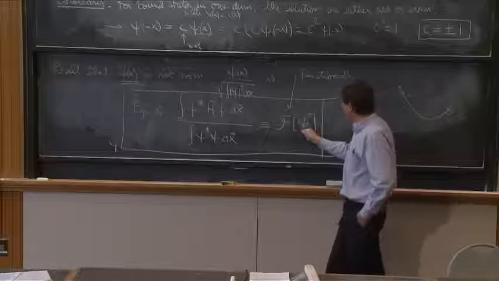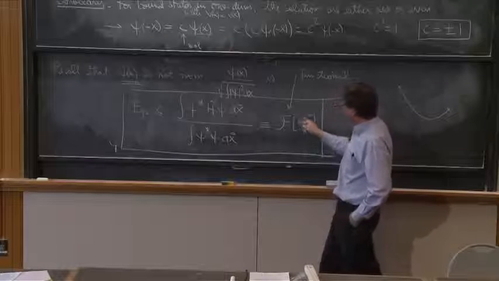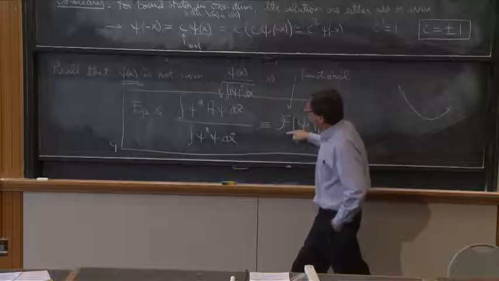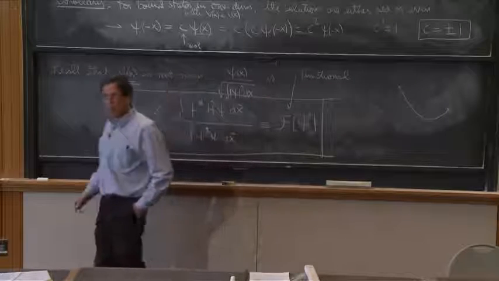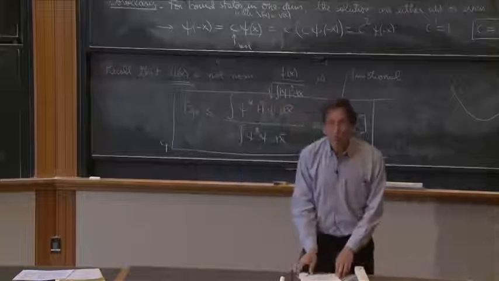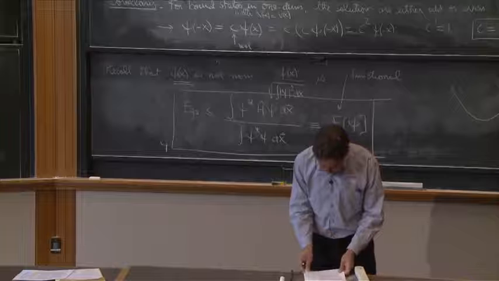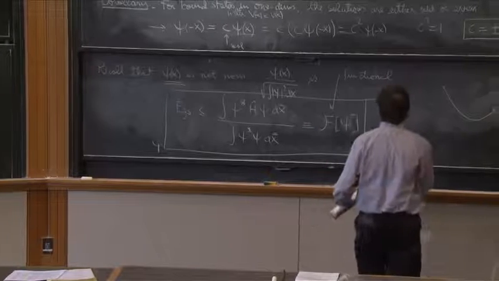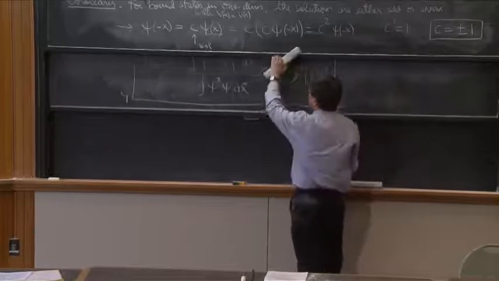So the ground state wave function actually is the thing that minimizes this functional and gives you as a value the ground state energy. A little more in a couple of minutes. Let's do an example. How do we use this?